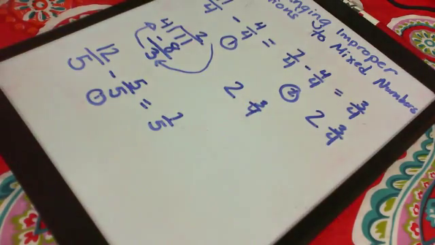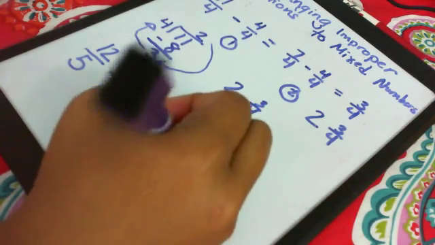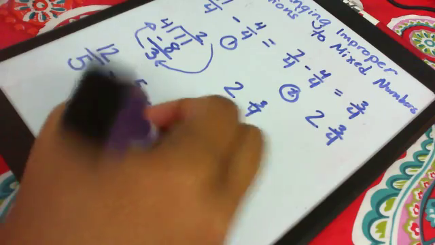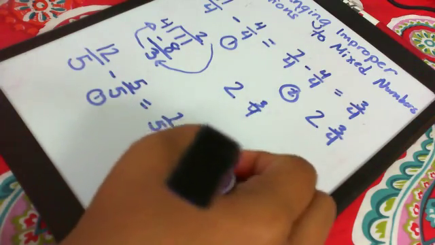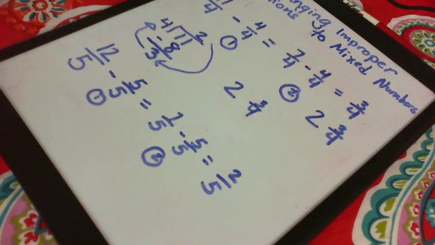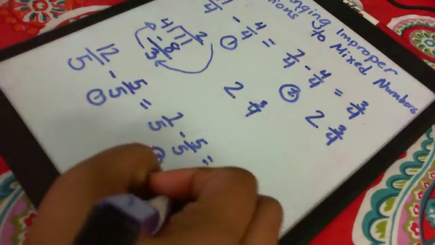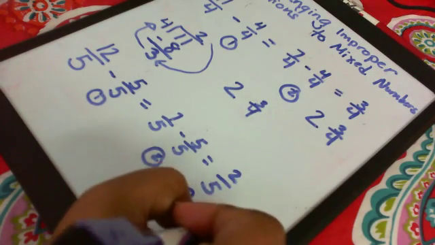And I still have an improper fraction, so that means I can take another 5/5 away. And that's going to give me 2/5. So now I do not have an improper fraction anymore, so I count my wholes. 1 whole, 2 wholes, and the remaining fraction part is 2/5.